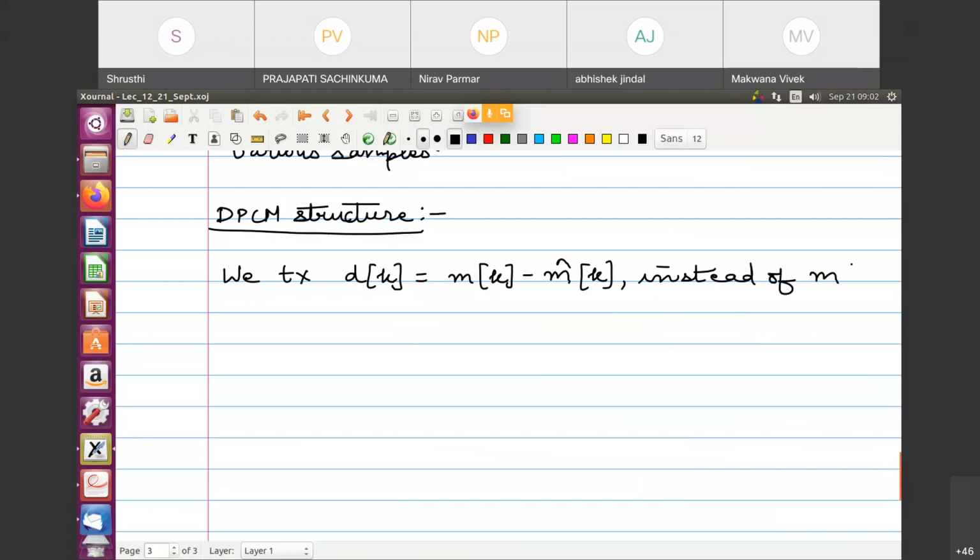So we will be transmitting d of k instead of m of k. And at the receiver, this is one point, the principle for DPCM is to generate m cap k from past sample values.